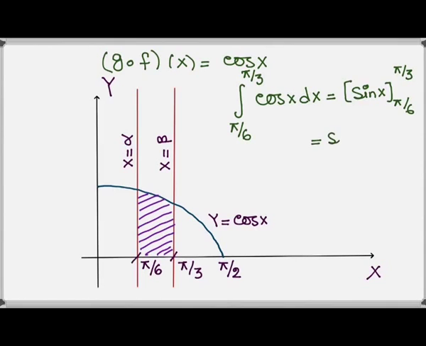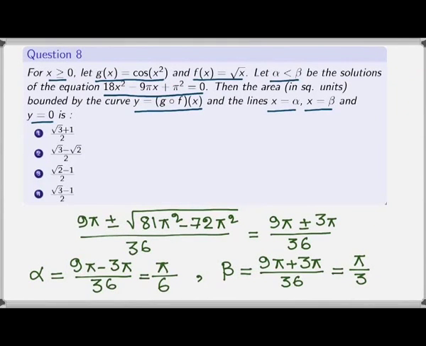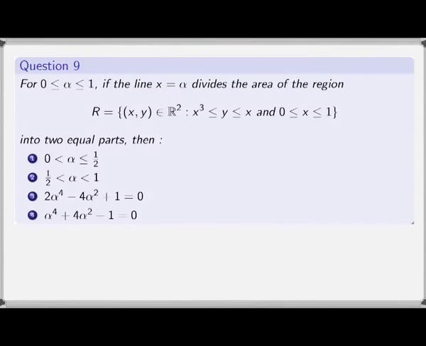And solving this, we obtain sin of pi by 3 minus sin of pi by 6, which is square root of 3 by 2 minus half. If we write it in a composite form, this is square root of 3 minus 1 divided by 2. Therefore, we see that here the fourth option is the correct answer.